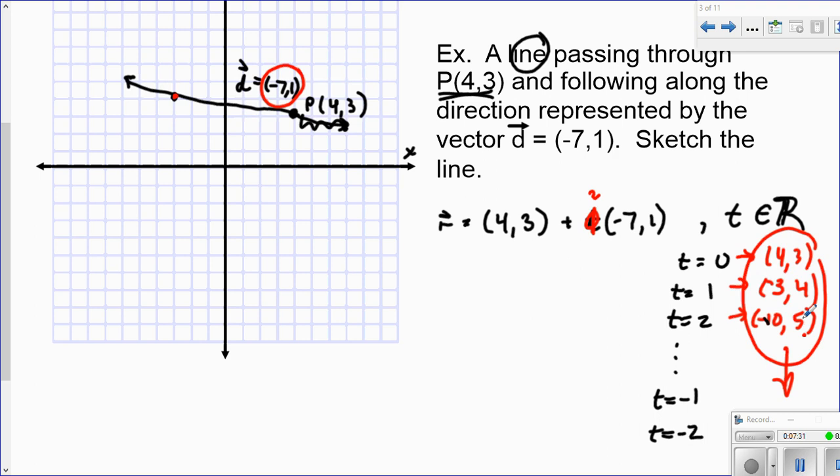The direction vector is slope, and we're going to talk about this quite a bit starting from this point on. Just think of the direction vector as the slope of the line, and this initial point as, just as I said, an initial point. We always need a starting point, and then we get our next points by following along the slope. With vector equations, we get our next point by changing the value of t.